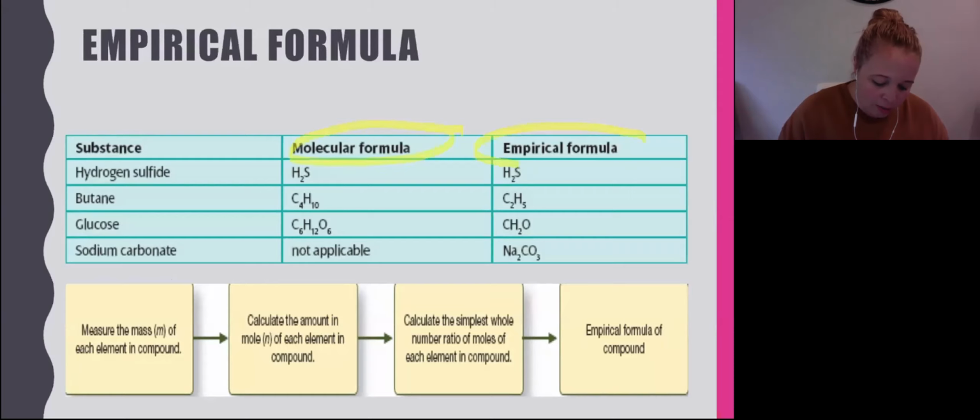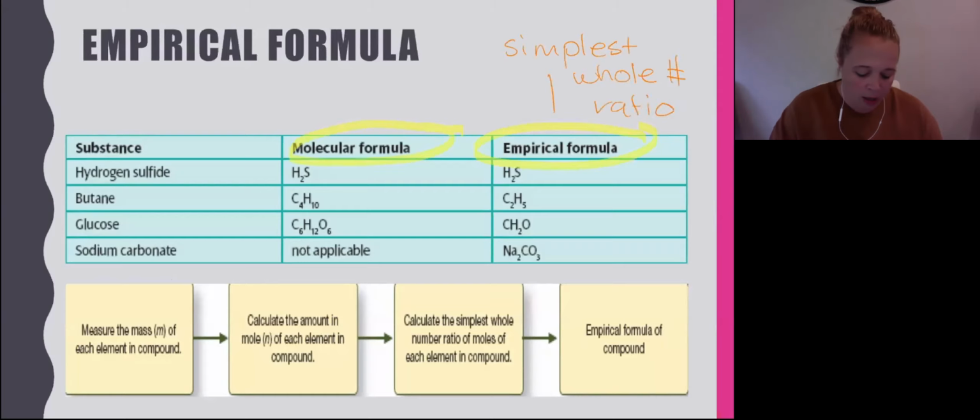Here are some examples of molecular formula and empirical formula. Empirical formula is your simplest whole number ratio. Hydrogen sulfide has 2 hydrogens for every 1 sulfur atom, and it has the same molecular formula as empirical formula.